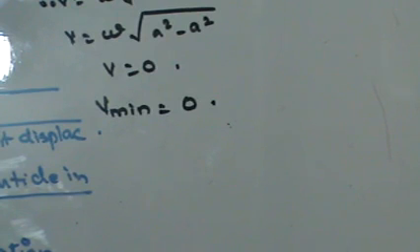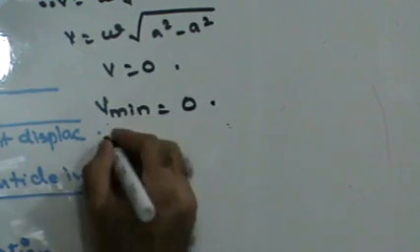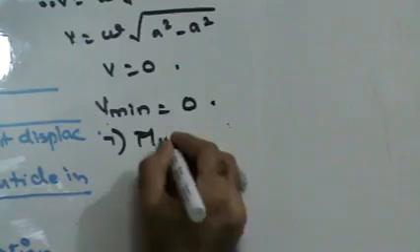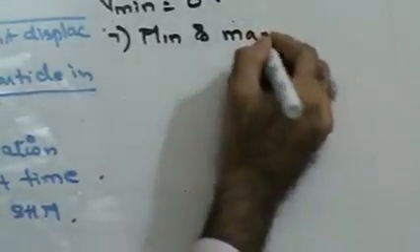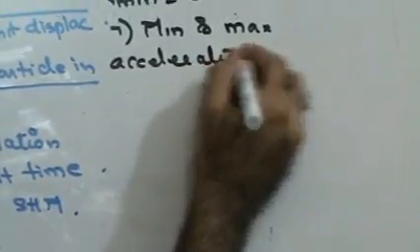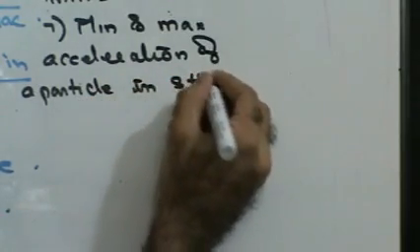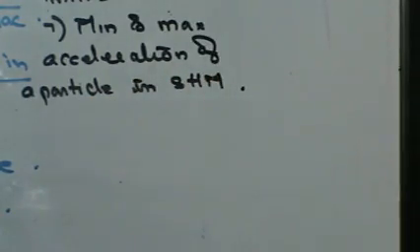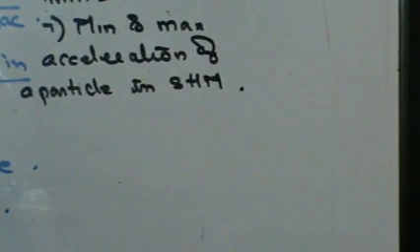Let us also try to find out the minimum and maximum acceleration of a particle in SHM. Again, we have already derived the expression for acceleration of a particle in SHM.